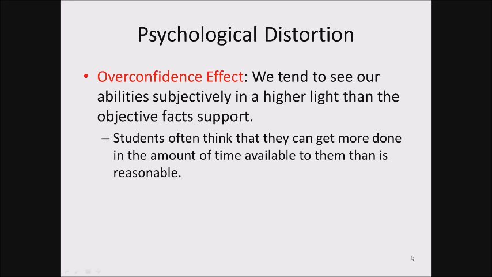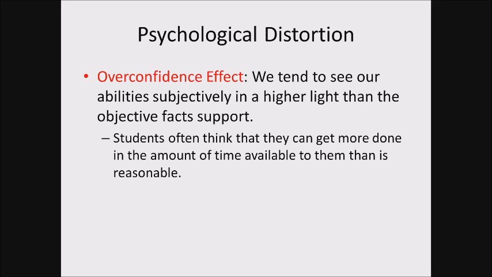Finally, we have a couple of examples of psychological distortion that have to do with our confidence in our own abilities. The first one is called the overconfidence effect, and these two are closely related. We tend to see our abilities subjectively, right? Based on no facts, just on our own ideas. That's what subjective means, remember. We tend to see our abilities subjectively in a higher light than the objective facts support.